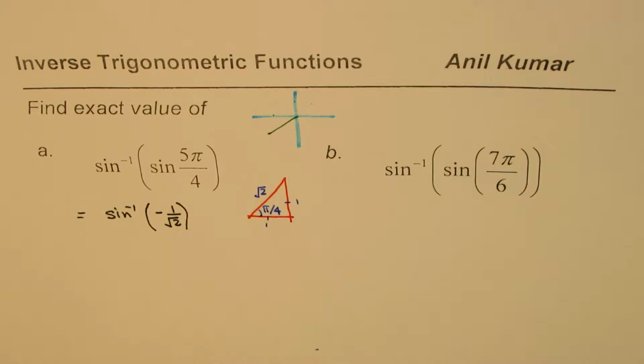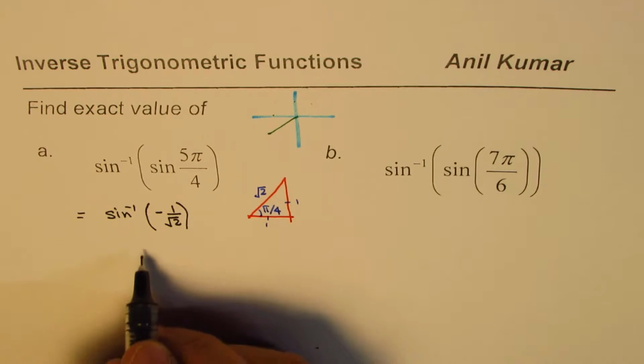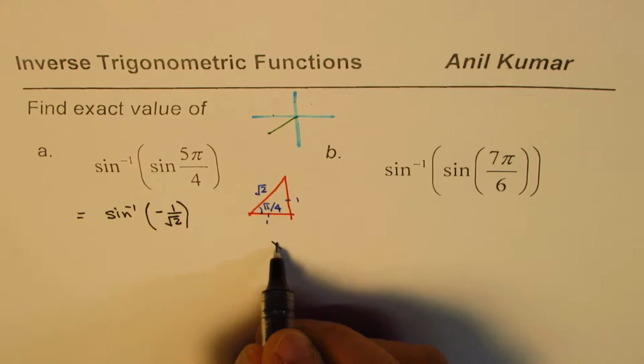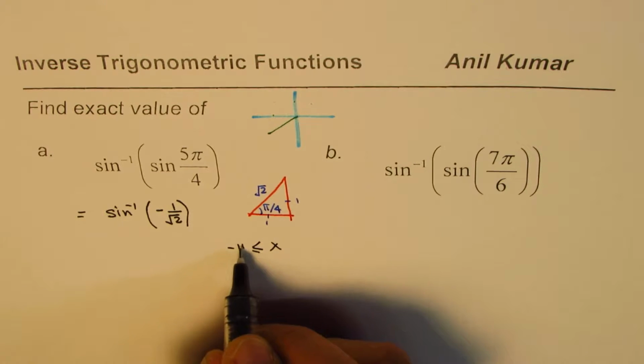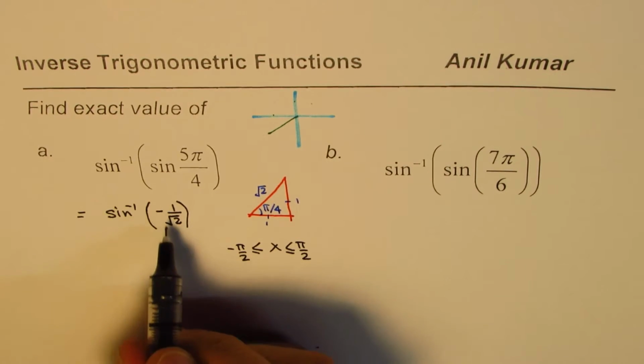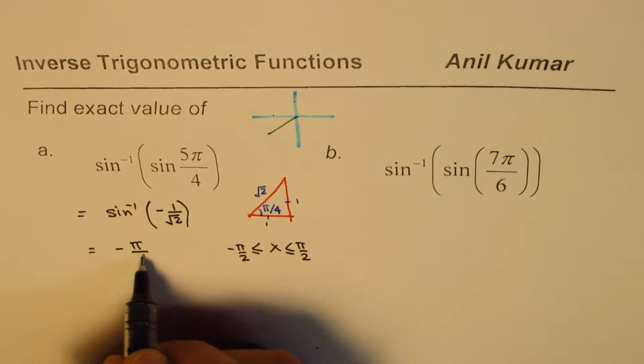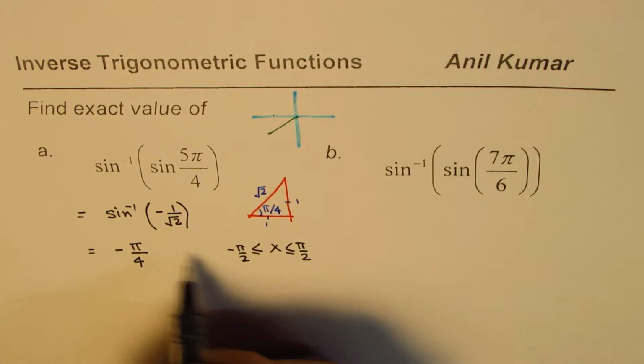Whenever we are working in sine inverse, the value is restricted to minus pi by 2 to plus pi by 2, right? So this is equal to minus pi by 4, right? So that is the answer.